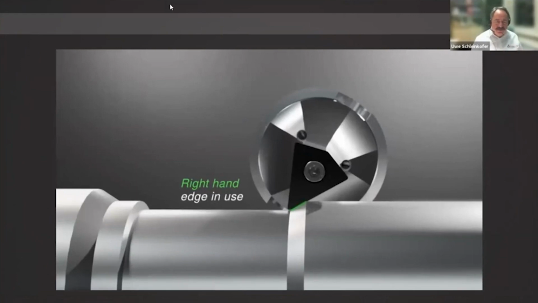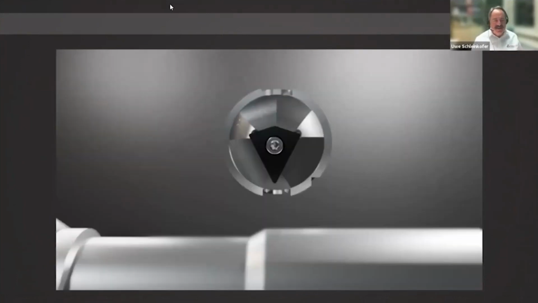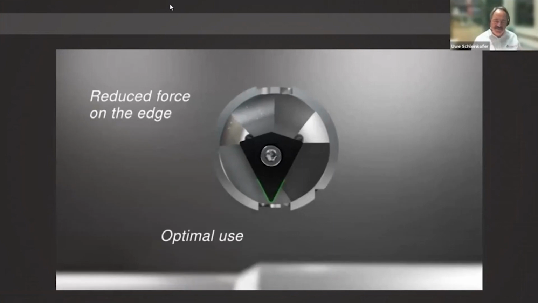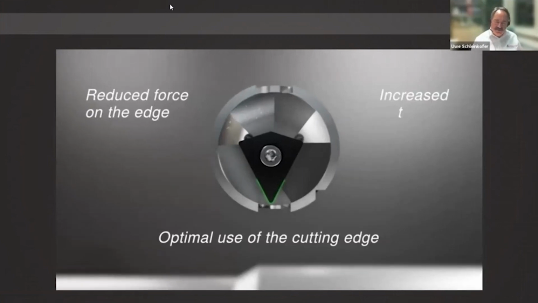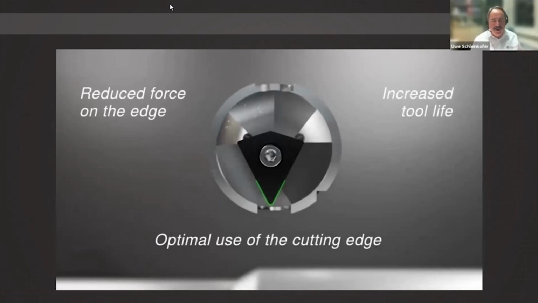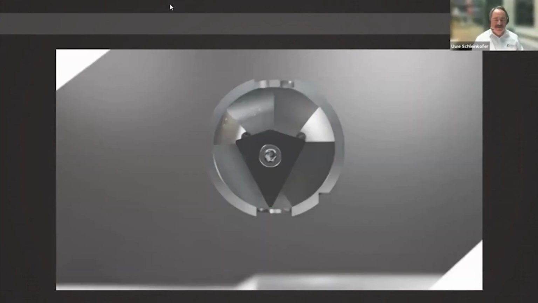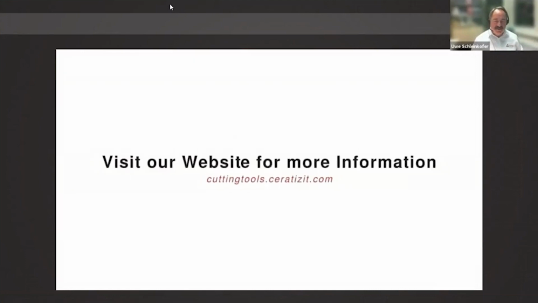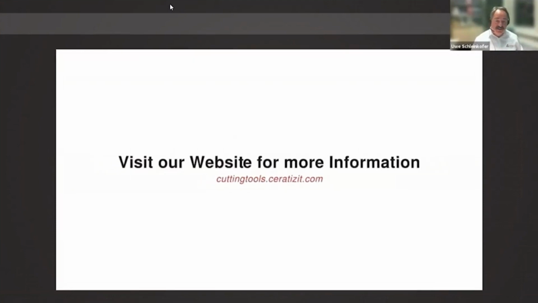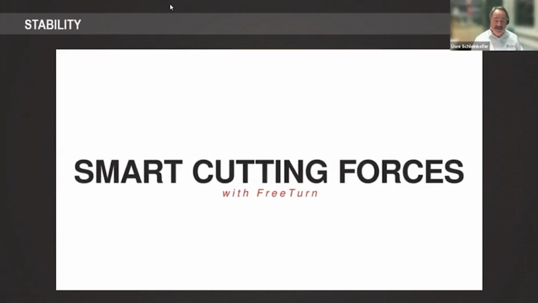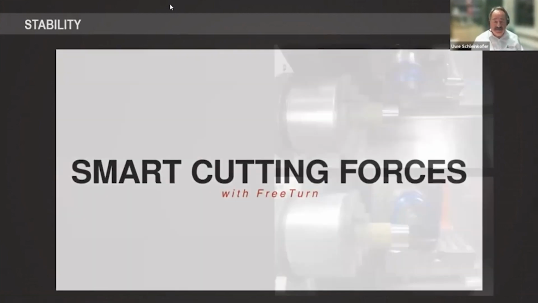So now the wear is on the opposite side of the insert, so we have a reduced force on the edge. We have optimal use of the cutting edge because the wear is distributed on the whole area of the insert. And this is pretty nice. And you can adjust that also with flexible applications, of course.